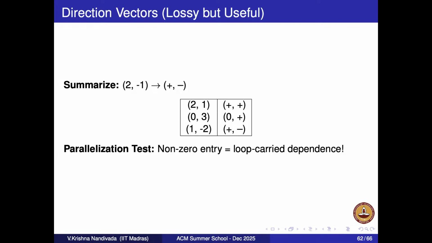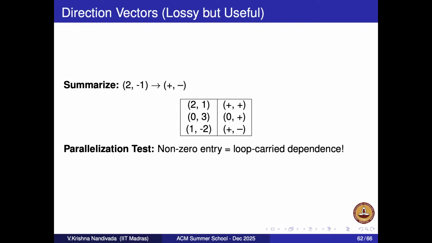The distance vectors sometimes are summarized as direction vectors. Instead of keeping the exact distance, all I want is the direction. 2 comma 1, 2 comma minus 1, I'll mark it as plus minus.